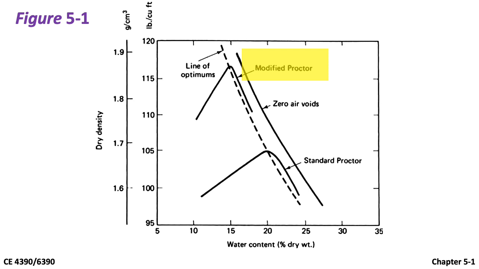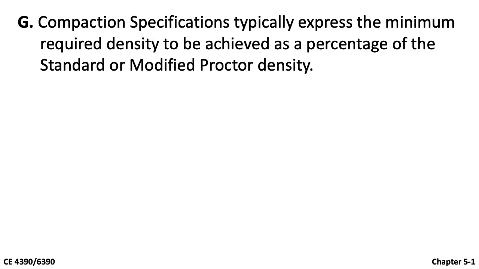In addition, the optimal moisture content from the modified test is lower than the standard. Since different tests give you different dry density and optimal water content, compaction specifications must clearly specify what test to be used. They typically express the minimum required density to be achieved as a percentage of the standard or modified Proctor density.